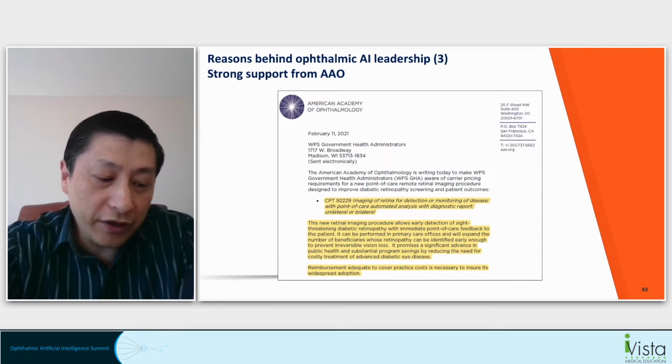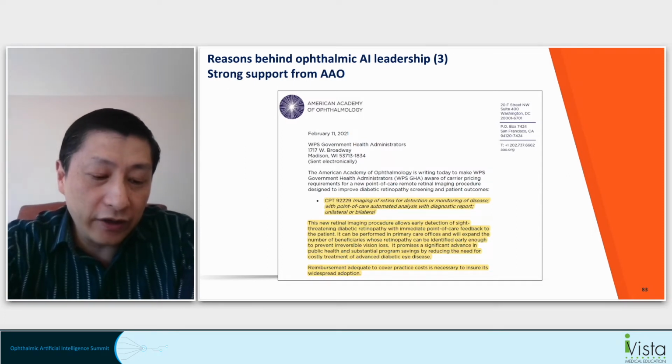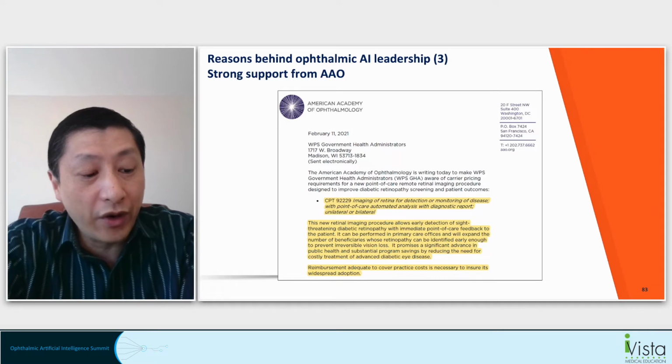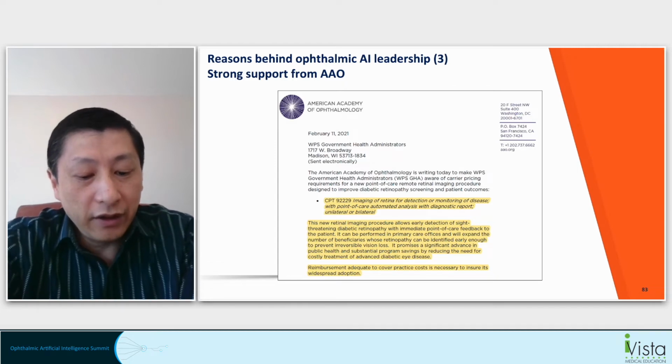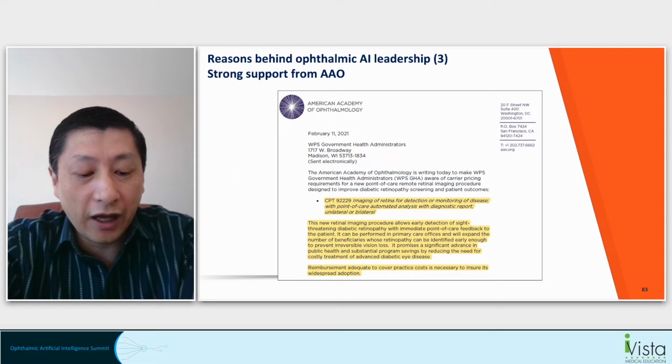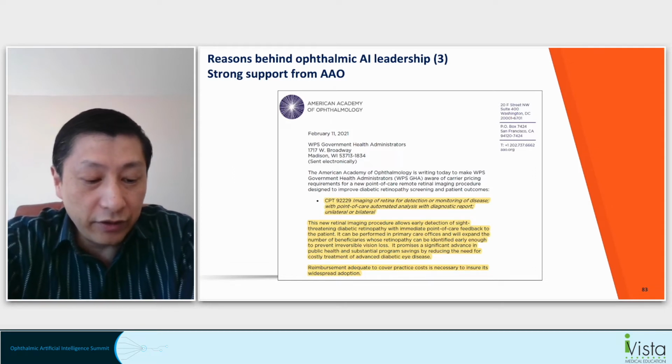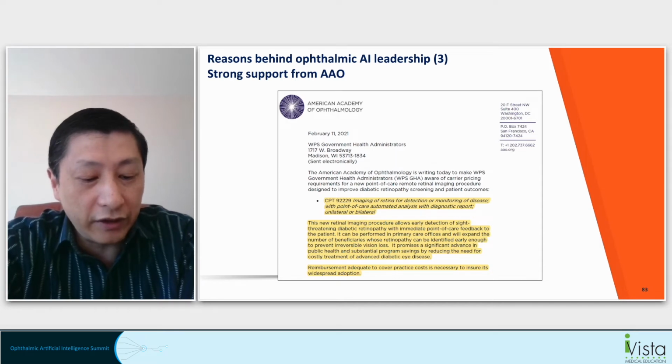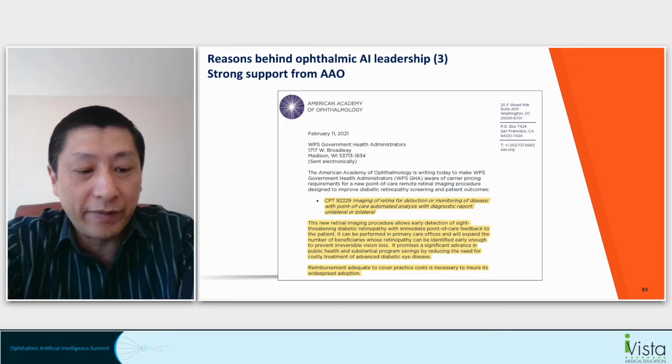And the third reason is that ophthalmology AI innovations would not have been adopted so quickly, in my opinion, without the strong support of organizations such as AAO and ASRS. In this example letter to a regional contractor of Medicare here in the US, when AAO was influencing the payer to cover autonomous AI technology for DR screening, they stated, this new retina imaging procedure allows early detection of sight-threatening DR with immediate point-of-care feedback to the patient.